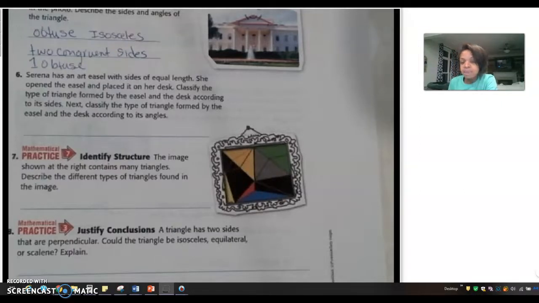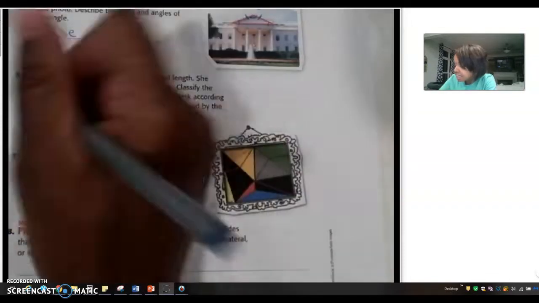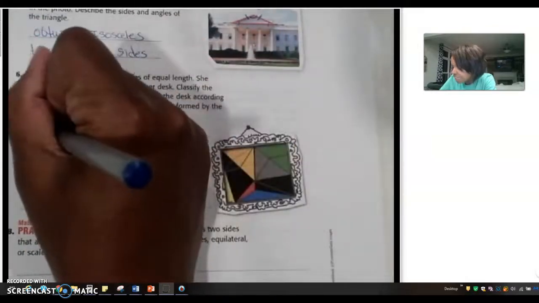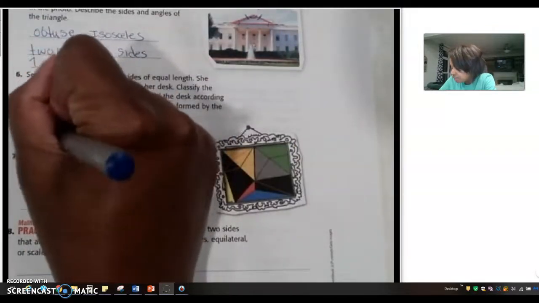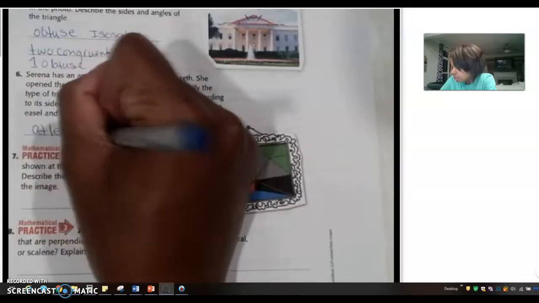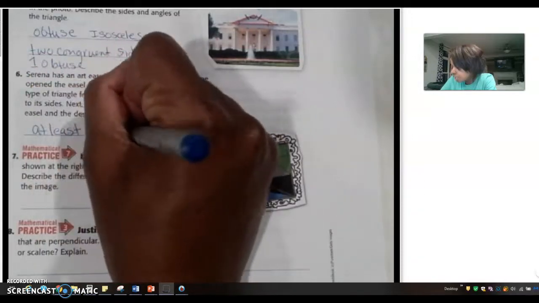So if you're thinking about that, if it has sides of equal length and it's placed on her desk, and I'm trying to classify it based off of the desk, then I'm going to assume that it's got at least 2 equal sides or 2 congruent sides.